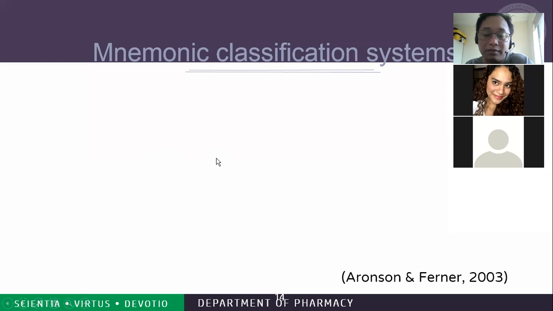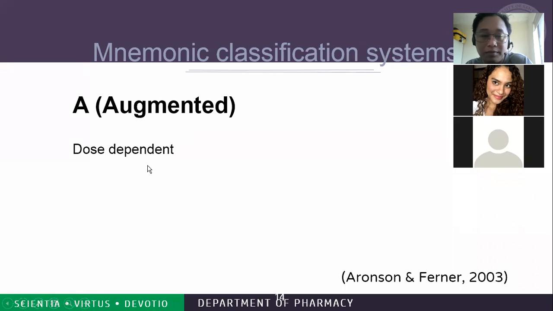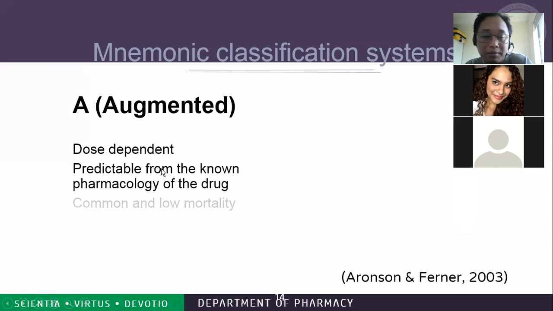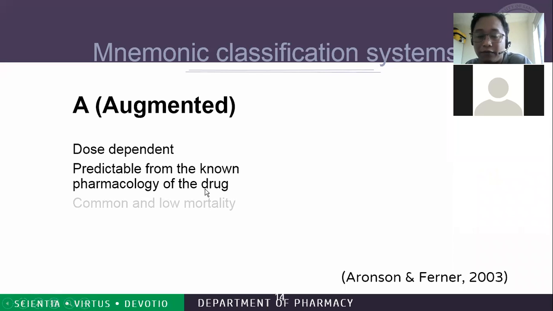For the mnemonic system, as mentioned, we have the A. The A is the augmented. It is usually dose dependent and predictable from the pharmacology of the drug.